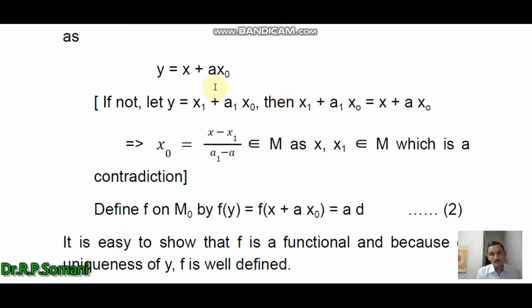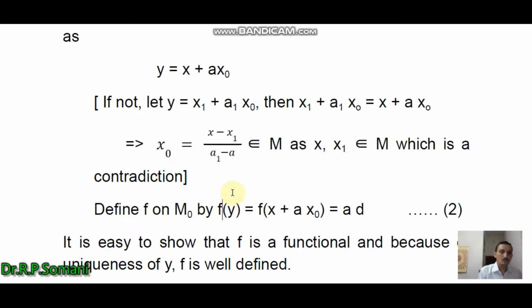Then as these two elements are equal, we obtain x1 plus a1 x0 equal to x plus a x0, and after simplification we obtain x0 equal to (x minus x1) upon (a1 minus a), which belongs to M, because x1 belongs to M and M is a closed subspace. This is a contradiction, since x0 does not belong to M.